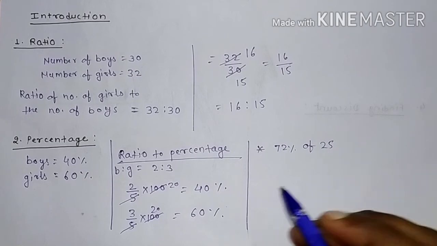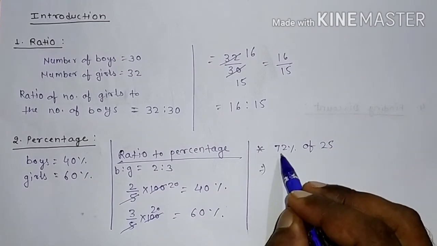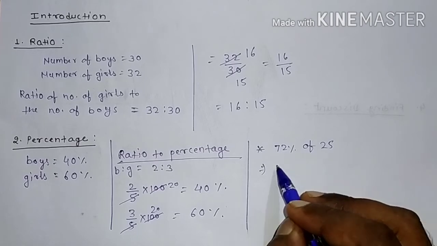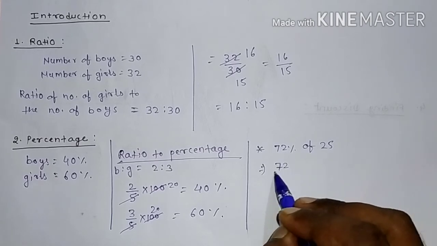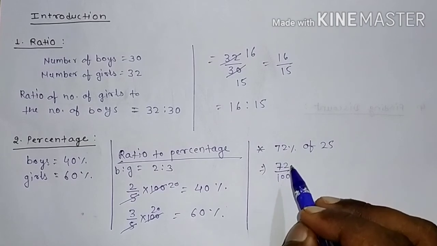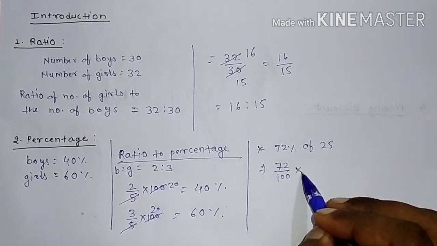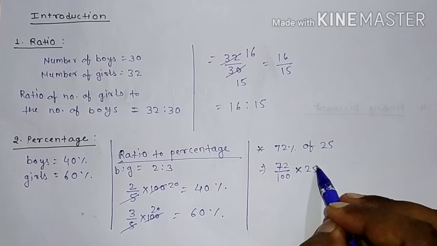So how can we solve this? Simply 72%, we can write 72 divided by 100, because percentage we always calculate on the base of 100. Now 'of' means multiply, 25, just write it.